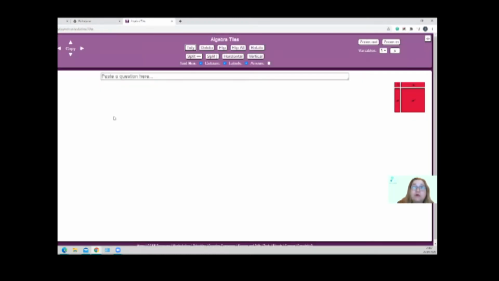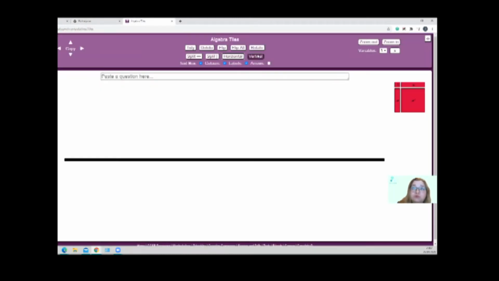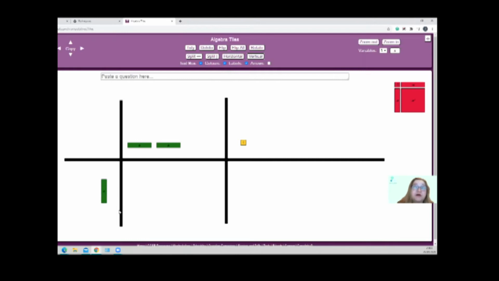There's another great one here, which I use a lot with my pupils, which is Algebra Tiles. And here we could set up expanding a particular equation. So we have 2x plus 1 all times by x.